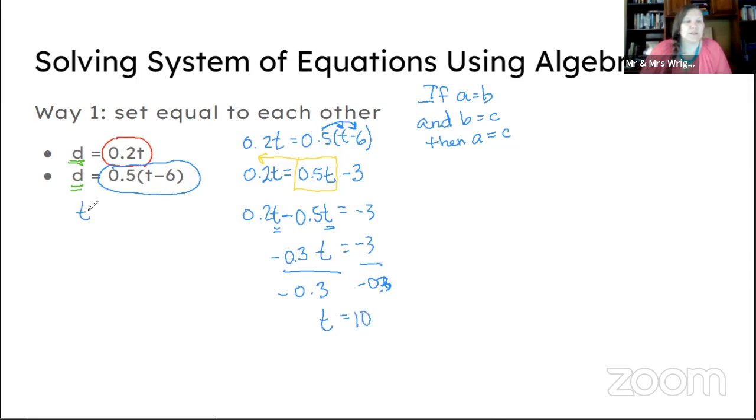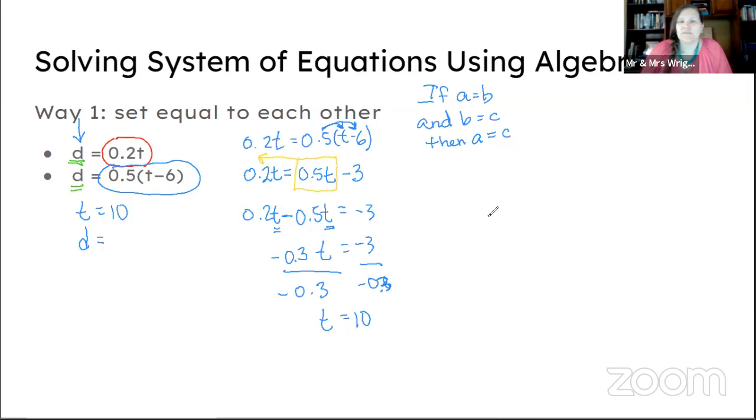Okay, well, we have one answer. We know that t equals 10, but we have a second variable, the D. We still need to figure out what D is going to equal. So how do we do that? Well, we can use substitution and substitute 10 into either one of these equations where we see a t.